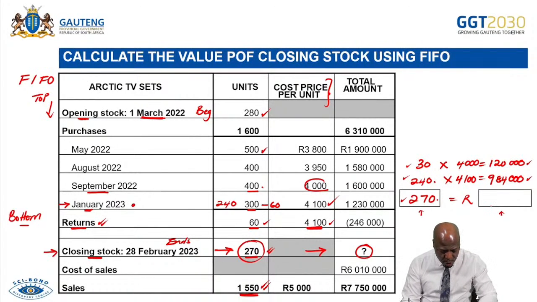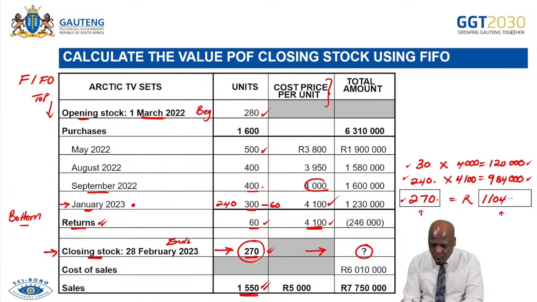How much do you guys get? 1,104,000. Hey, boys and girls, this is your first in, first out.